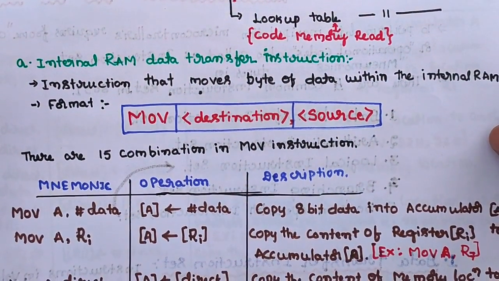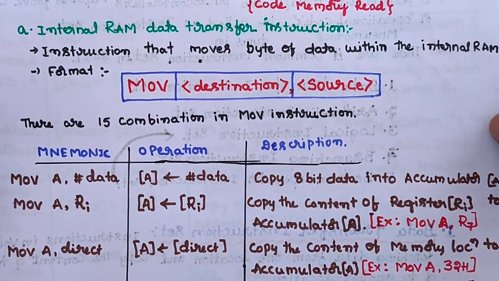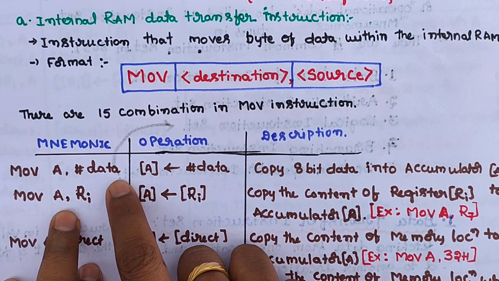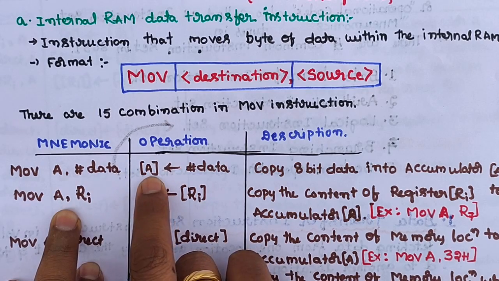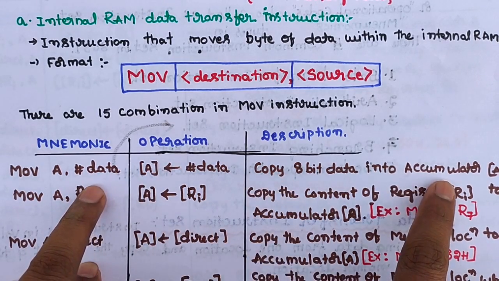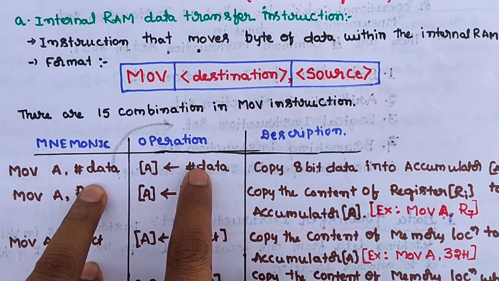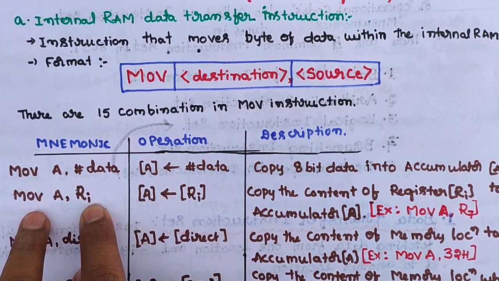So let us look at the mnemonics of the move instructions. That is MOV A, #data, where the square bracket indicates the content of the accumulator. Here 8 bits of data are copied to the accumulator register.